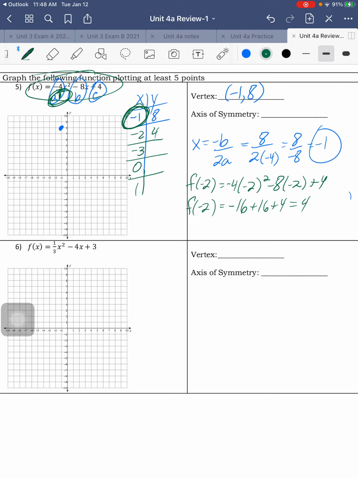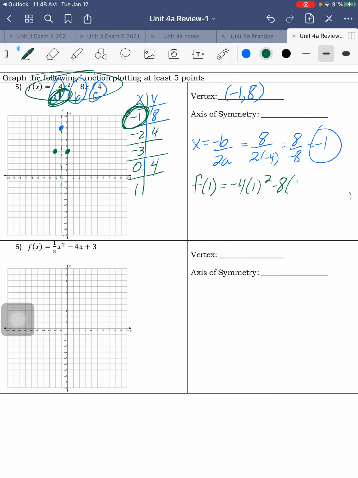So -2, 4. And we know it's symmetrical about a vertical line, so the left side and right side have to be the same, so at 0 it has to be 4. If you don't get that, just substitute 0 in, you'll see it equals 4. There's nothing wrong with that. Eventually you'll see it. So now we substitute in 1 or -3. 1 sounds a lot easier.